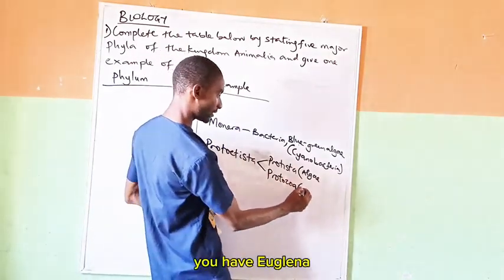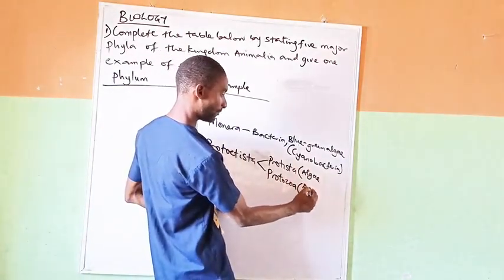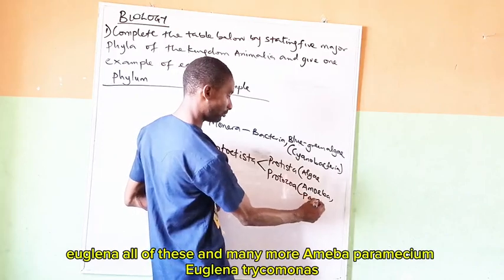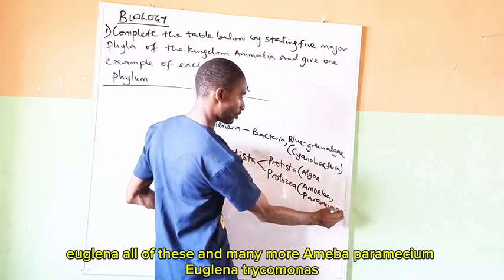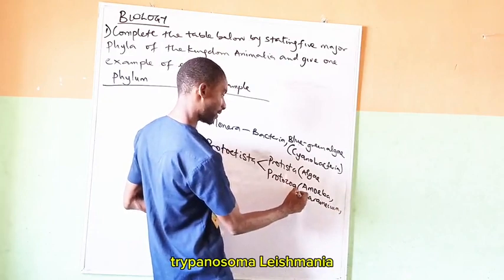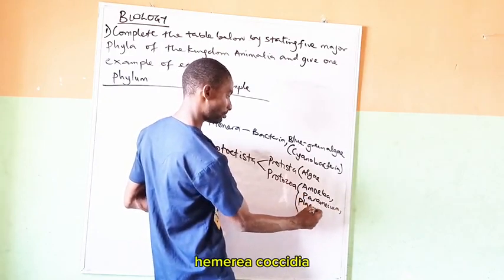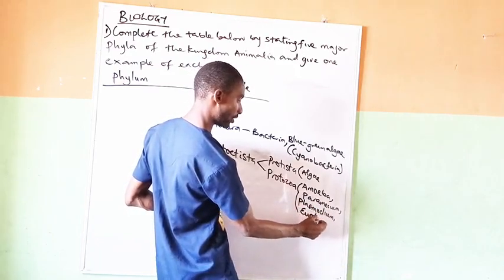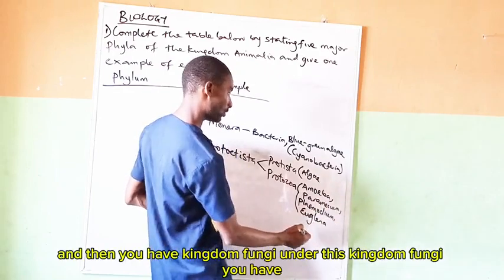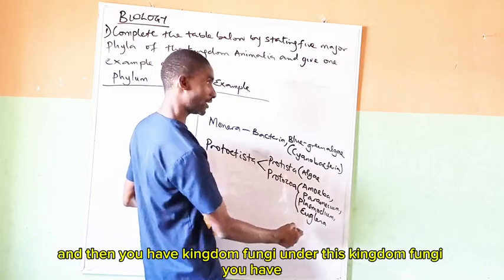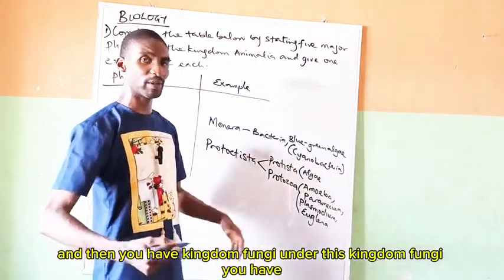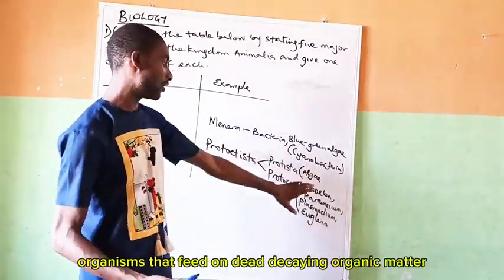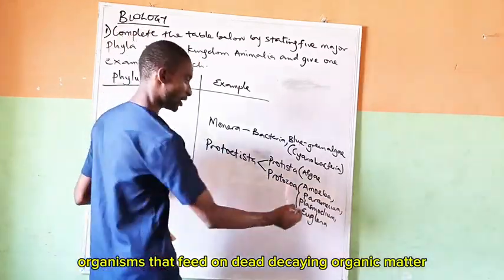Examples of protozoans are your amoeba, paramecium, plasmodium, euglena. All of these and many more: amoeba, paramecium, euglena, trichomonas, trypanosoma, leishmania, Hemiria, Coccidia, all of them are examples of protozoans, etc.